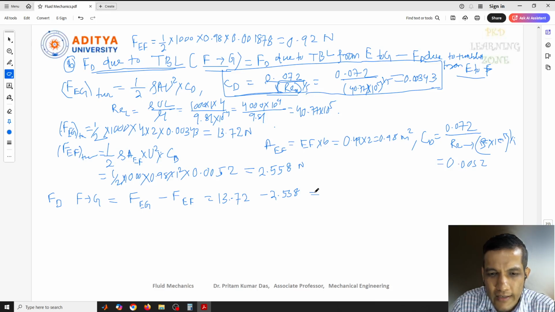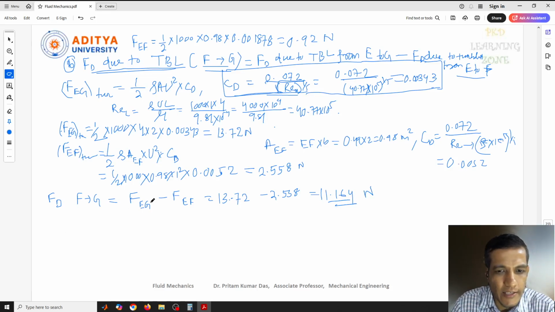So finally we will get some 11.164, this one 13 minus 2 is 11 and 72 minus 558, something will get like this. Okay, so this much Newton.